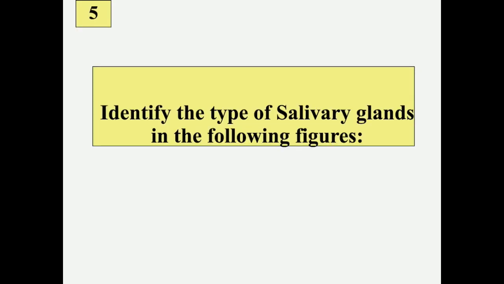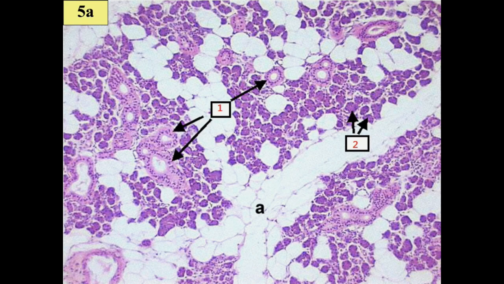Identify the type of salivary glands in the following figure. Figure A. You can notice here that the serous acini are the only type present, and they have a lot of fat cells in the trabeculae, and well developed striated or intralobular ducts, so this is the parotid gland.